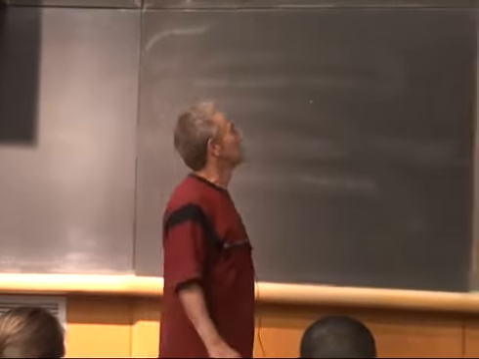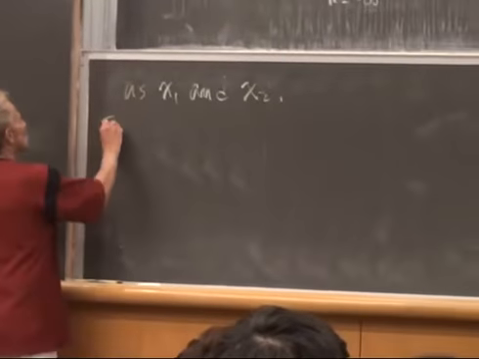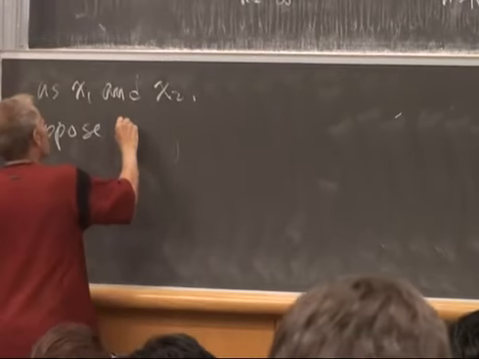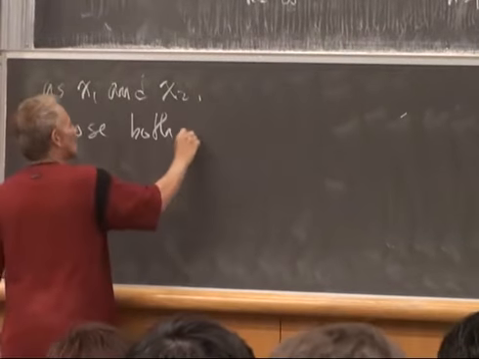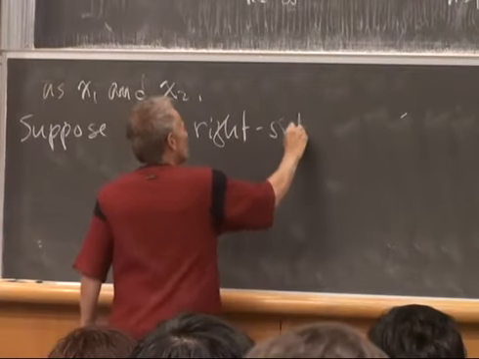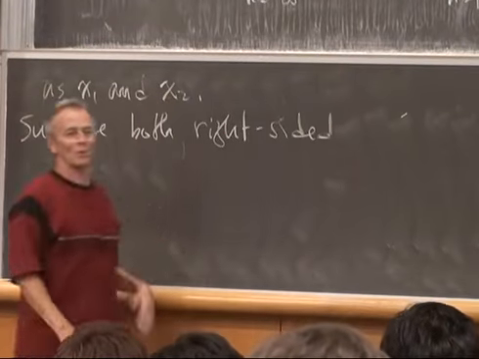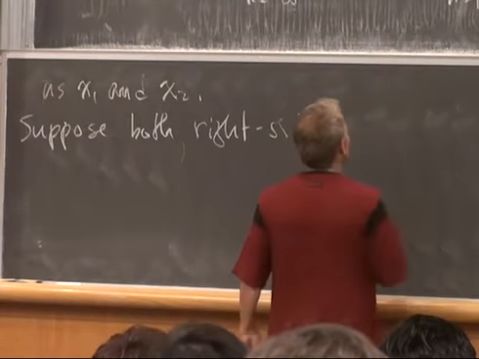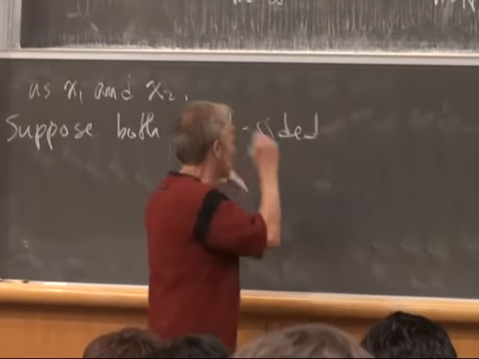How does that happen here? Suppose for specificity that they're both right-sided. For some reason, I find this proof a lot easier to do with right-sided than left-sided. I don't know why. I guess it's probably a handedness, brainedness kind of thing.